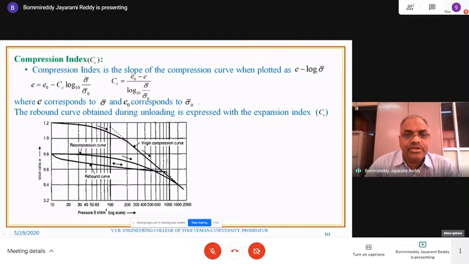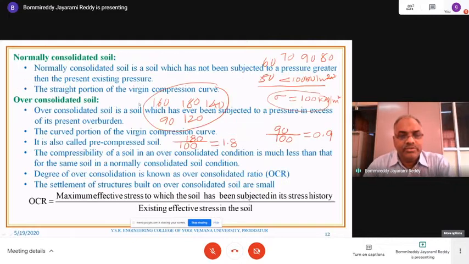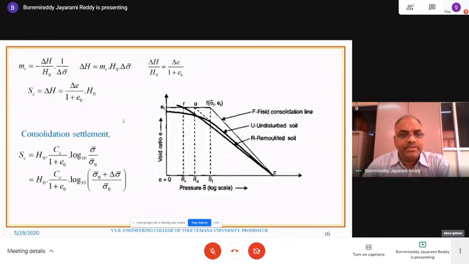So that means we are replacing delta E by CC into log of sigma by sigma naught. This formula is going to be substituted at this place, along with 1 plus E naught and H naught. So you can write H naught CC by 1 plus E naught log 10.